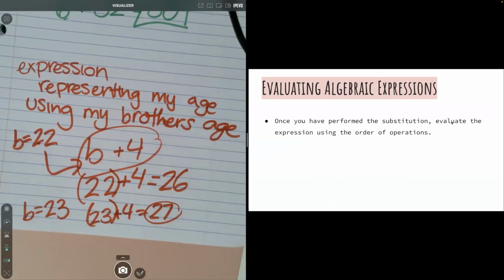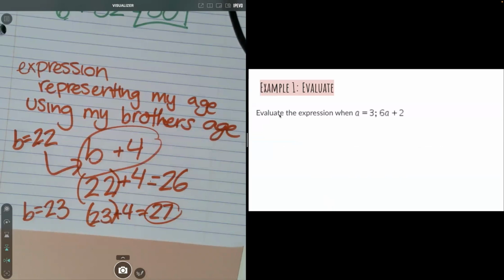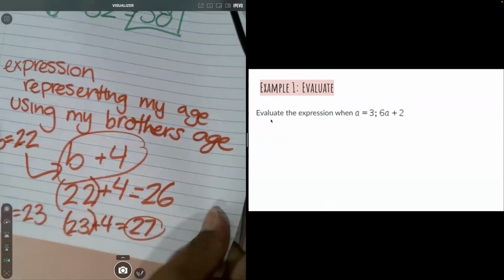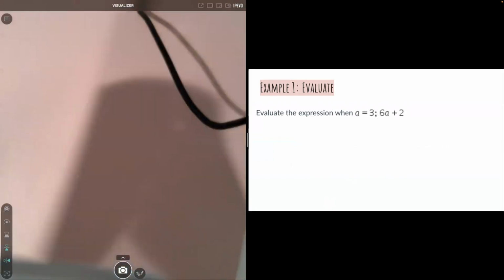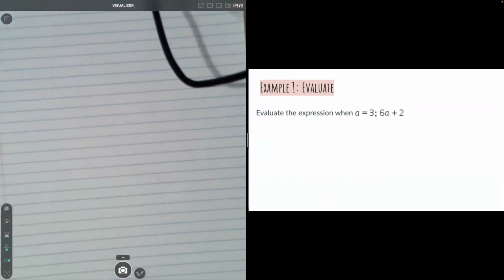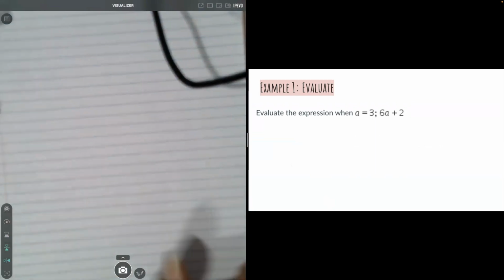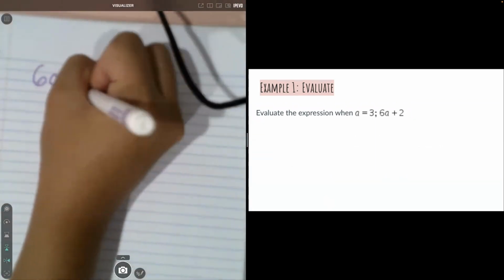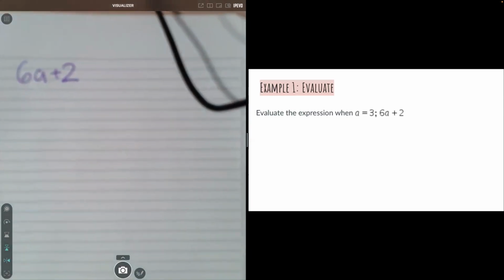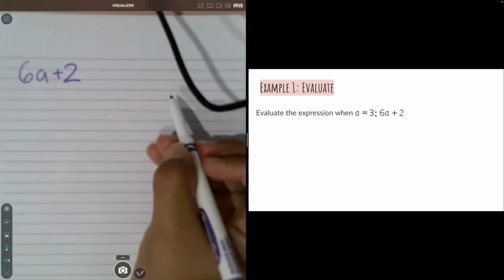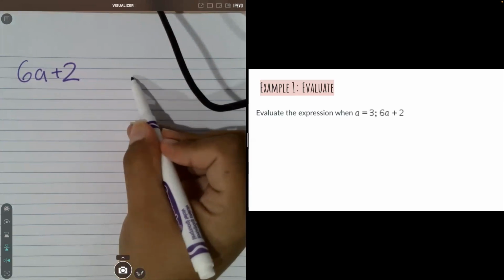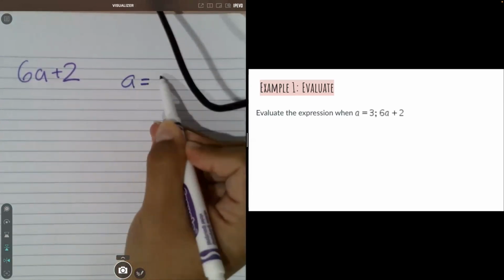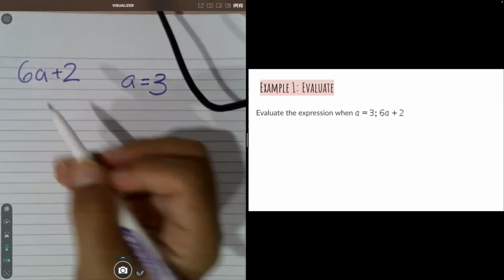Once you have performed the substitution, evaluate the expression using your order of operations. So here, first example, we're going to evaluate that expression when a is equal to 3. So here's my general expression, 6a plus 2. And we're going to evaluate it for the specific instance when a is equal to 3.